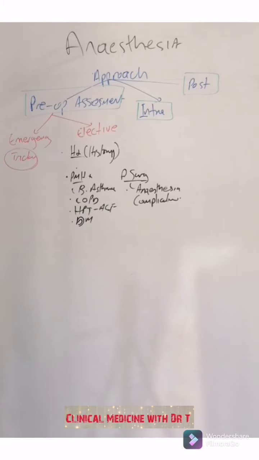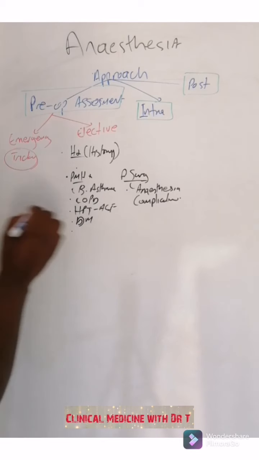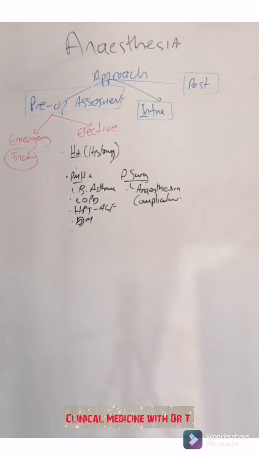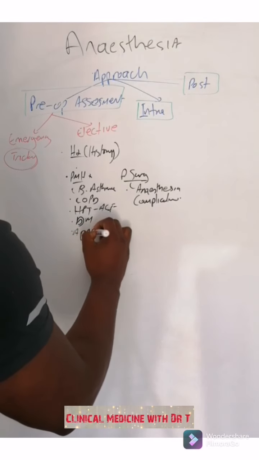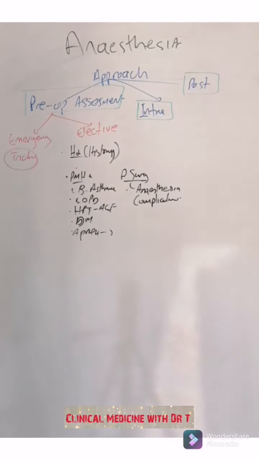Obviously, another thing that you want to ask is, if a patient looks to be very obese, they look to have a short neck, you might want to ask them about apnea. And the best way of asking if the patient has got sleep apnea is, do they snore?